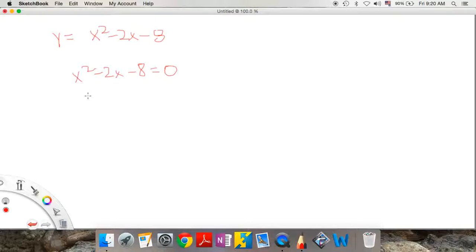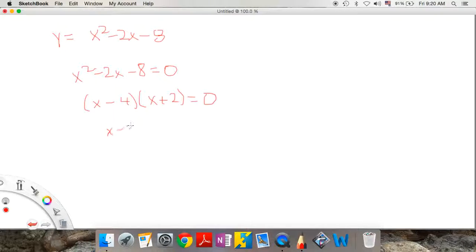So we've got (x minus 4)(x plus 2) equals 0. So check yourself. Minus 4 times 2 is minus 8. And then we've got minus 4x plus 2x, so that gives me minus 2x. And then I've got x squared. So for these two things multiplied together to be 0, one of them has to be 0.